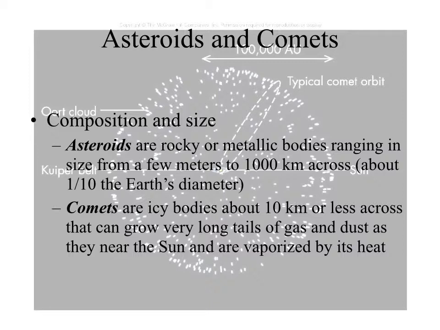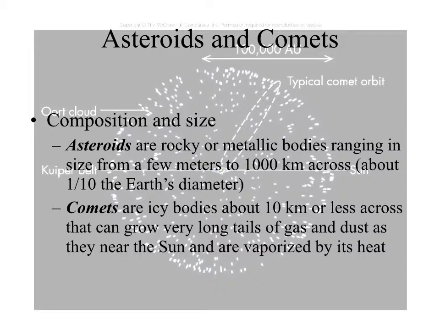Then we have comets, and comets are very spectacular when viewed in the night sky. Comets are icy bodies about 10 kilometers or less across that can grow a very long tail of gas and dust as they near the sun and vaporize by its heat.